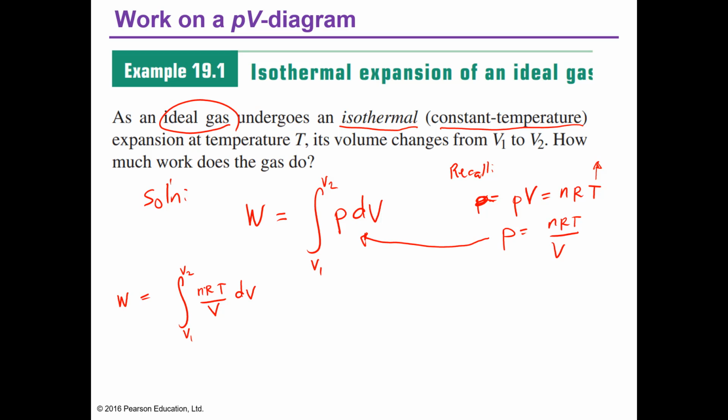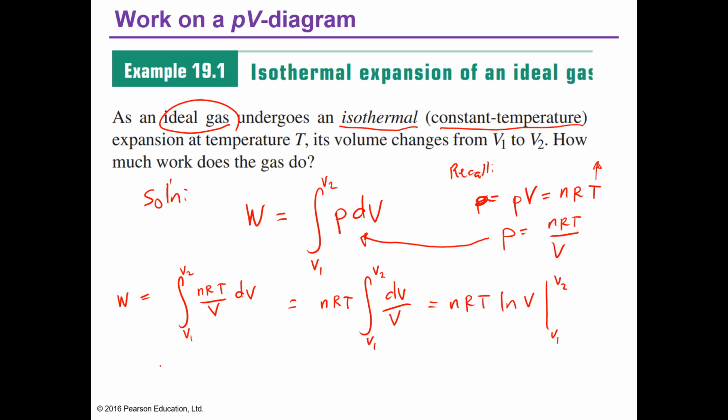Take note, nRT is constant, since my temperature is constant. So nRT can come out of the integral. Integral of dV over V from V1 to V2. The integral of dV over V is ln. Okay? So I have nRT ln of V from V1 to V2. And this is equal to what?